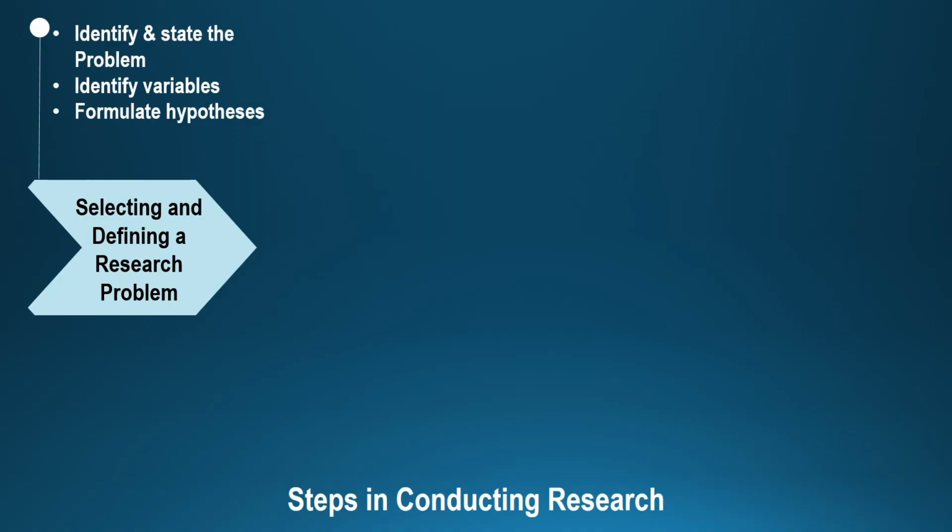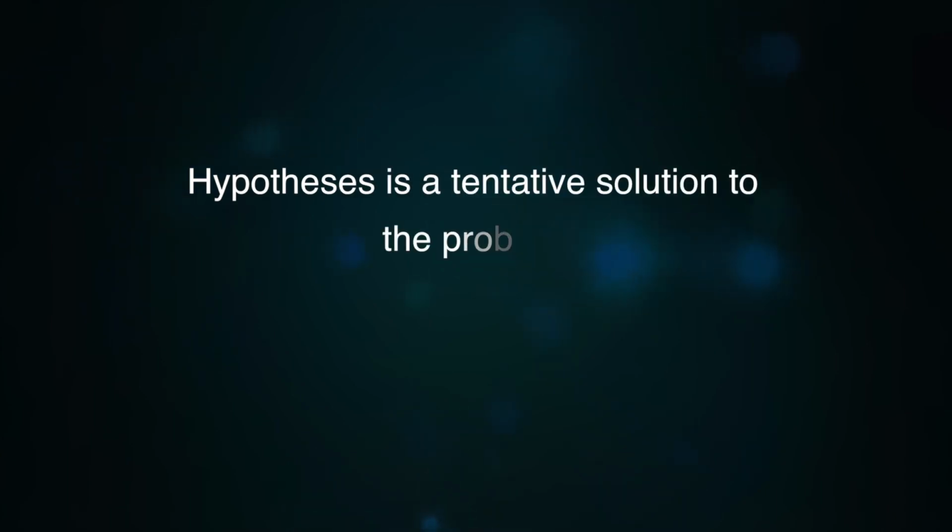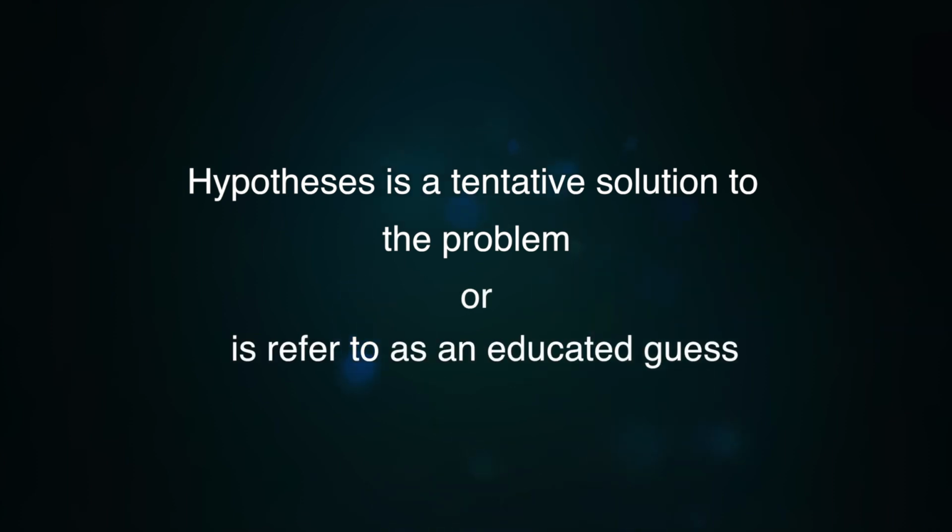So, identification and statement of the problem leads to identification of variables and stating the objectives, and then the researcher looks at the studies which have been already undertaken and tries to formulate the hypothesis for the study. And hypothesis is nothing but a tentative solution to the problem, or is referred to as an educated guess.